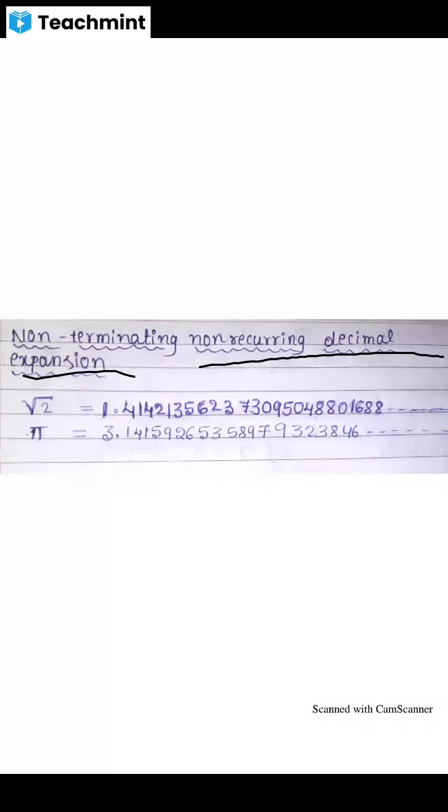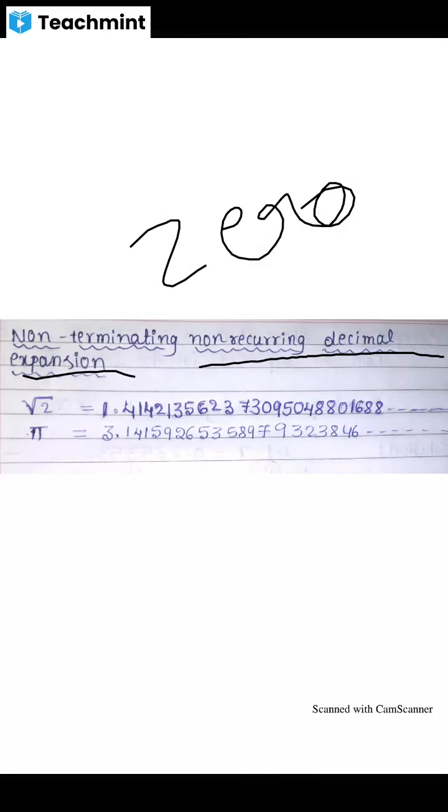Here also we will not get remainder 0, but here the repeating block is not there. Unlike non-terminating repeating, here we are not getting any repeating block.